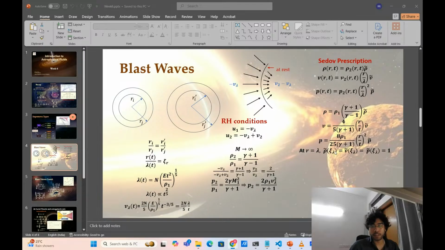As we said earlier, r equals lambda is the radius of the shock, and at that radius, psi would be psi lambda, and these will all be 1, because rho is equal to rho 2 and V equals V2 at the shock boundary. That was what we started with in the Rankine-Hugoniot conditions.